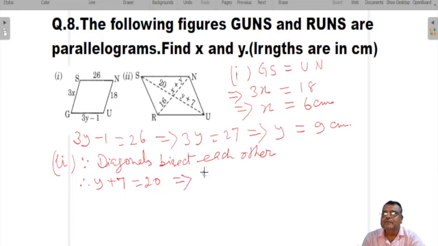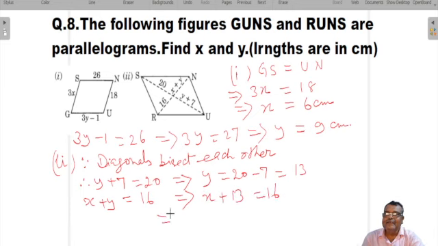This means y is equal to 20 minus 7, which is 13. Now here, x plus y is equal to 16. This implies x plus 13 is equal to 16, and so x is equal to 16 minus 13, which is 3. So you are getting x and y both, in centimeters.